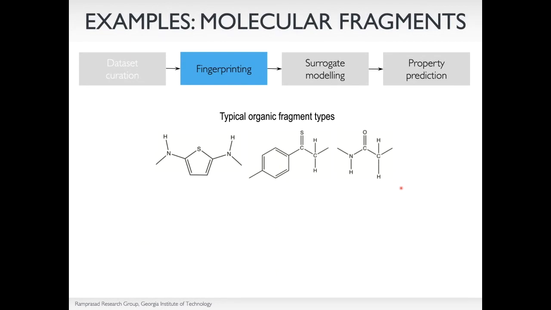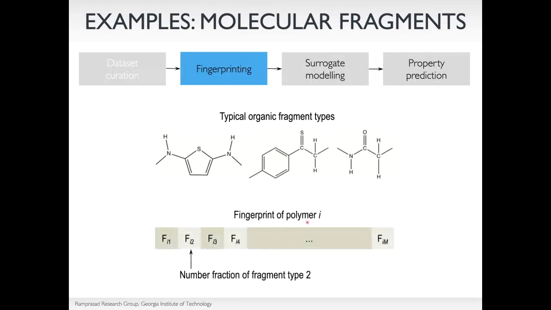It's a countably finite set of fragments that can occur in polymers, and then you simply count how many of each fragment you find in a polymer, and that's your fingerprint. The fingerprint of a polymer is a vector, and for example, this thing here is a number fraction of the fragment type 2.